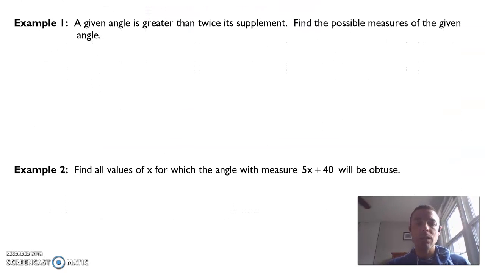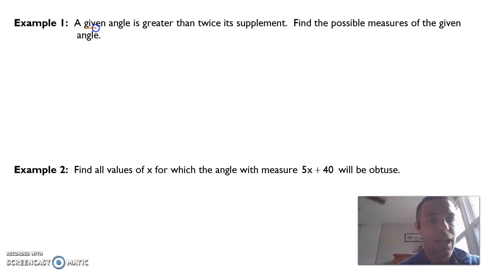So we start with the idea of supplementary angles again. So if we have a given angle is greater than twice its supplement, if I call the given angle x, then its supplement must be 180 minus x.